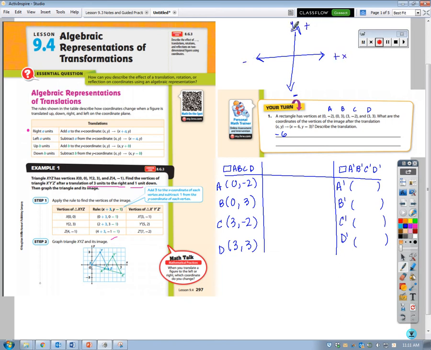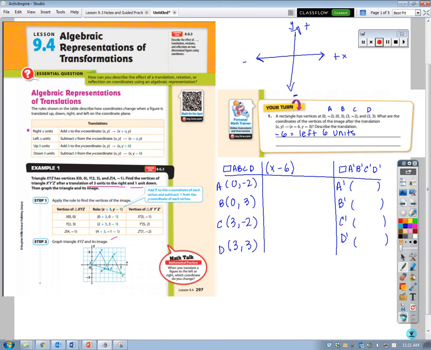This is my x and this is my y. So if I'm moving -6, I'm moving to the left 6, right? So that is left 6 units, okay? And so my rule here would be x minus 6.